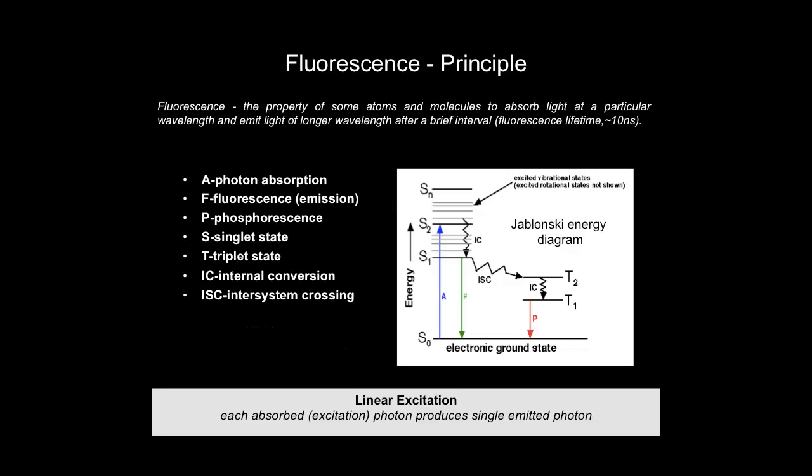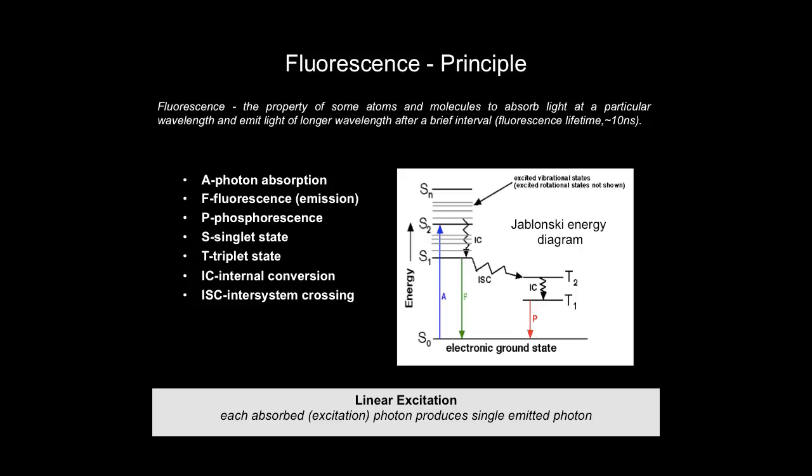Let's start with fluorescence, which is the property of some atoms and molecules to absorb light at a particular wavelength and emit light of longer wavelength after a brief interval. This is called the Jablonski energy diagram, to show exactly how this process occurs by using the energy states.